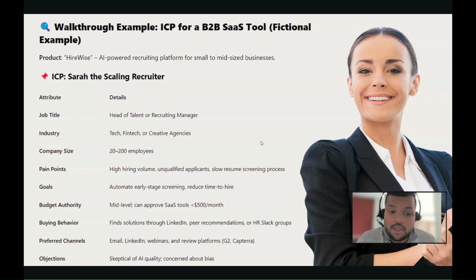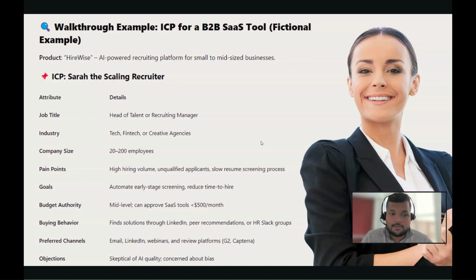Now let's look at the goals. Every person who has a problem has certain goals, because they're trying to get rid of those problems to achieve their goals. What are those goals? They want to automate the early stage screening process, because if a lot of time is being wasted in just taking out the unqualified candidates, then you're not spending enough time to screen the right candidates so that you can get the best possible hire.